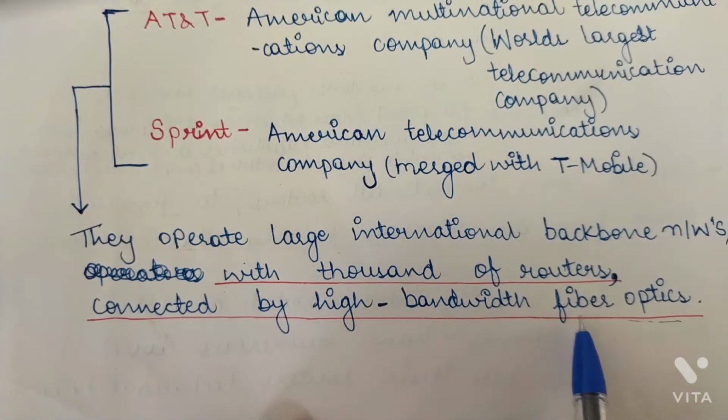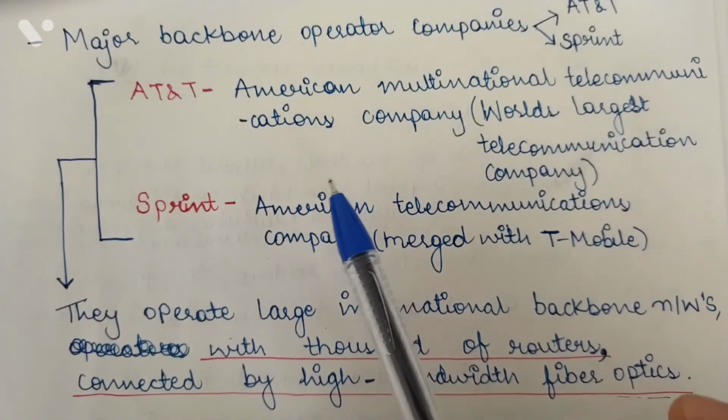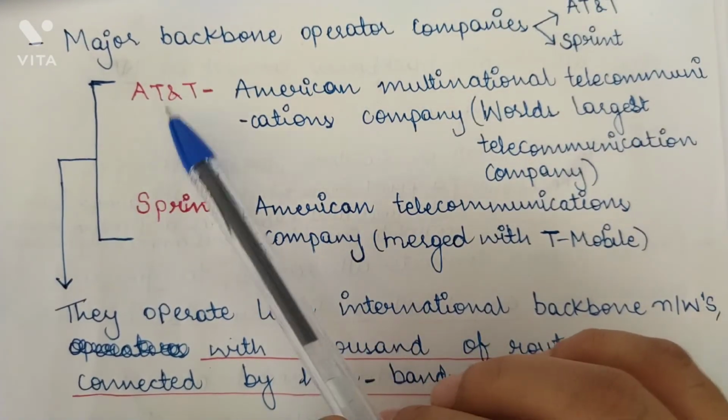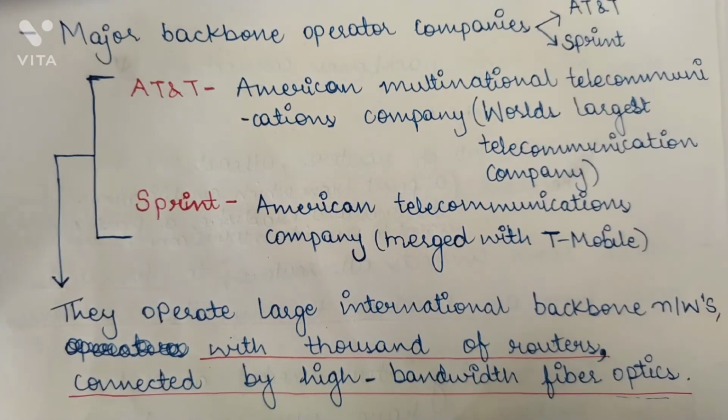So basically all these routers are connected by connection oriented lines, which are your fiber optics, obviously high bandwidth. So this is your backbone. The backbone basically consists of all the routers connected by high bandwidth fiber optics. The example backbone operators I've just told you are AT&T and Sprint, both being American multinational telecommunication companies.